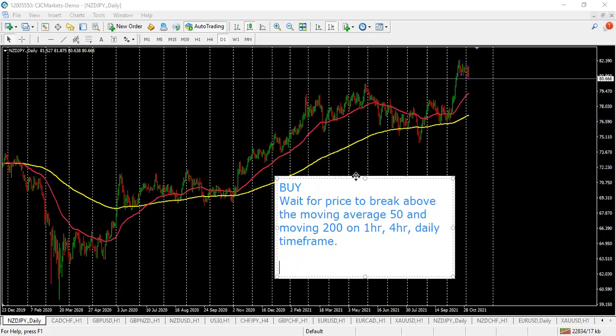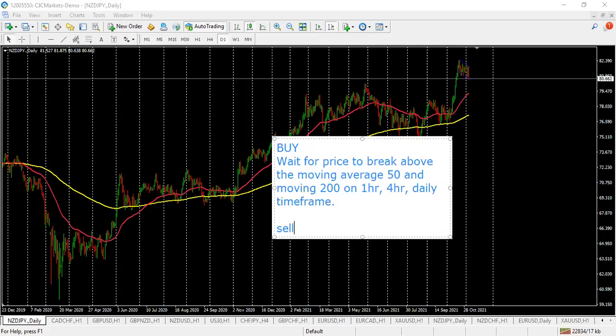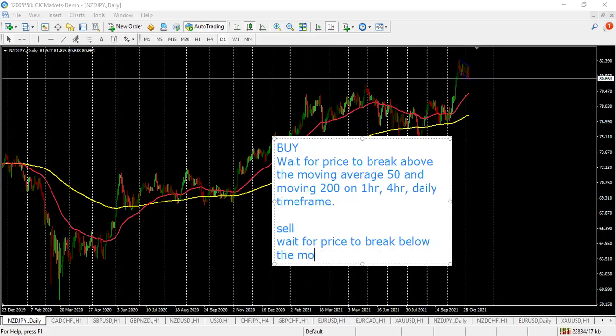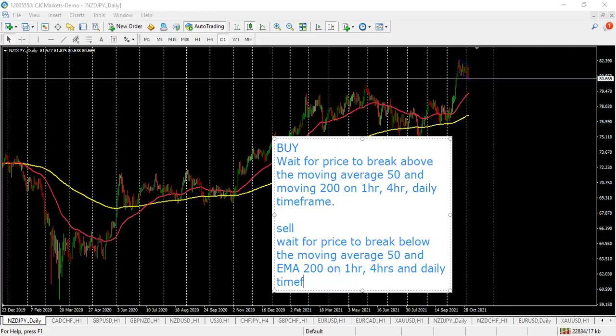To enter for a sell, you need to wait for price to break below the moving average 50, let me just put EMA, and the moving average 200 on 1 hour, 4 hours, and daily time frame.